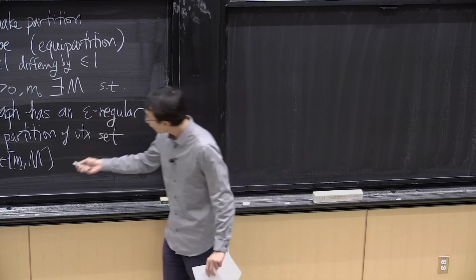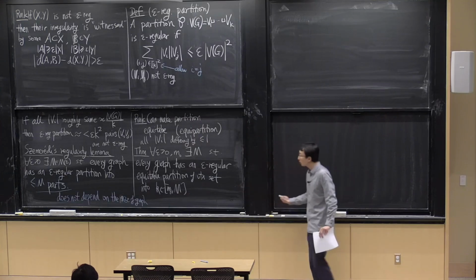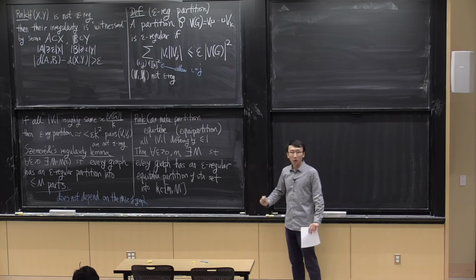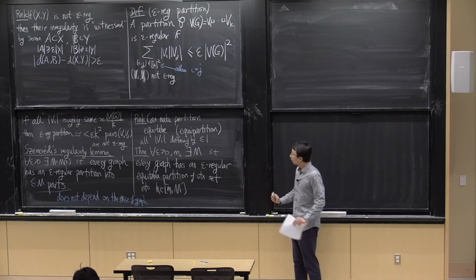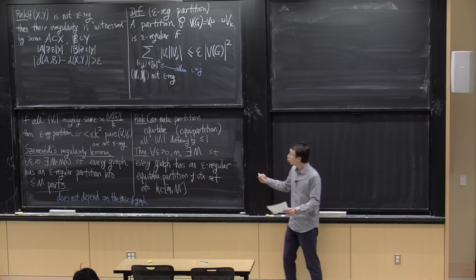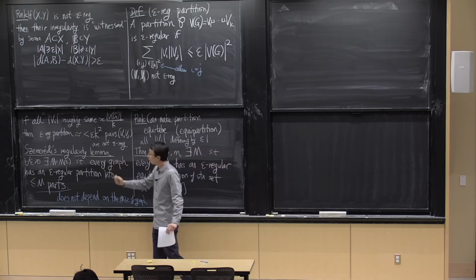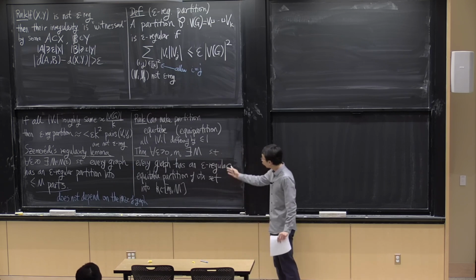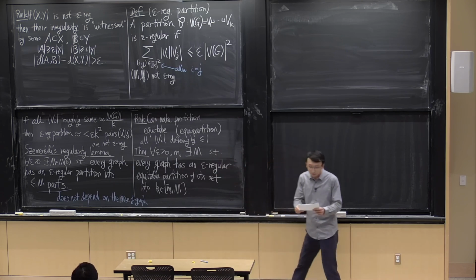And you see, it's a slightly stronger conclusion, and for many applications, it's more convenient to use this formulation. I will comment on how you might modify the proof that we'll see today into one where you can guarantee equitability.